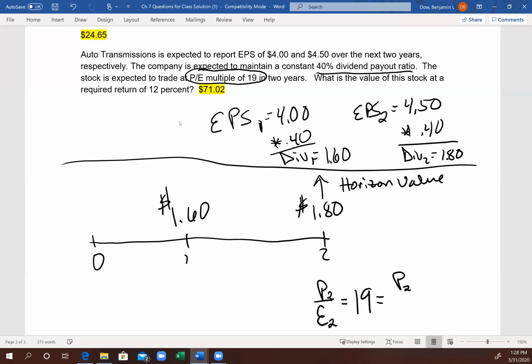And if the earnings per share in year two is $4.50, that leads me to believe that the horizon value, which is P2, is going to be 19 times 4.50, or $85.50.